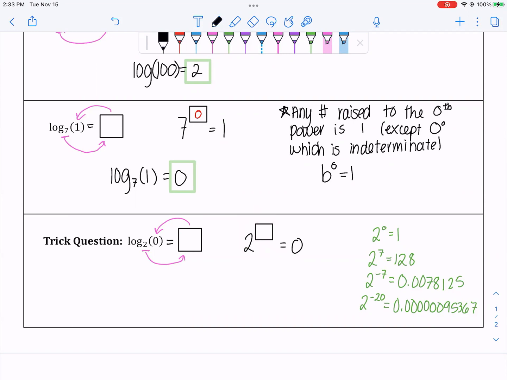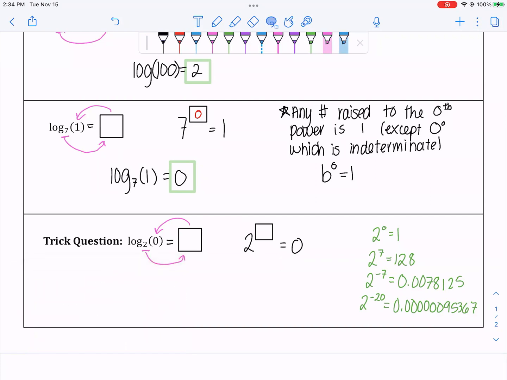Thinking of what 2 to the negative power even means, is that you have that many copies of 2 in the denominator, right? This right here is 2 to the negative 4. You have 4 copies of 2 in the denominator. So no amount of copies of 2 in the denominator is going to change the fact that there's a 1 in the numerator. That 1 in the numerator is going to prohibit this whole thing from ever being 0. It can't happen.